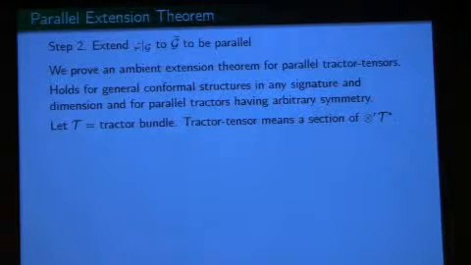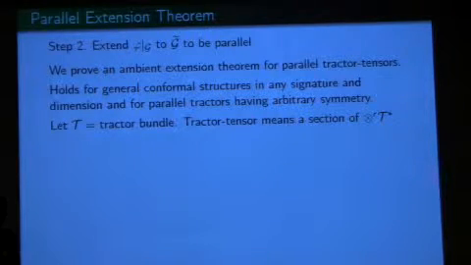You take the Cartan connection for the conformal structure, so it's SO(p+1,q+1) mod P. You look at the defining representation of P on R^(n+2), and that induces a bundle and has a connection, and that's the tractor bundle.